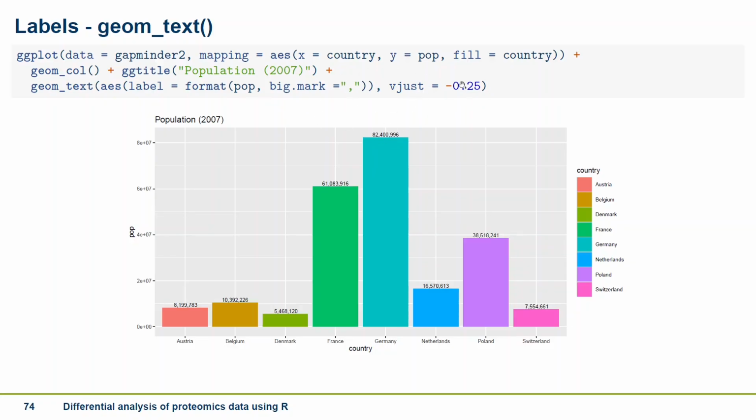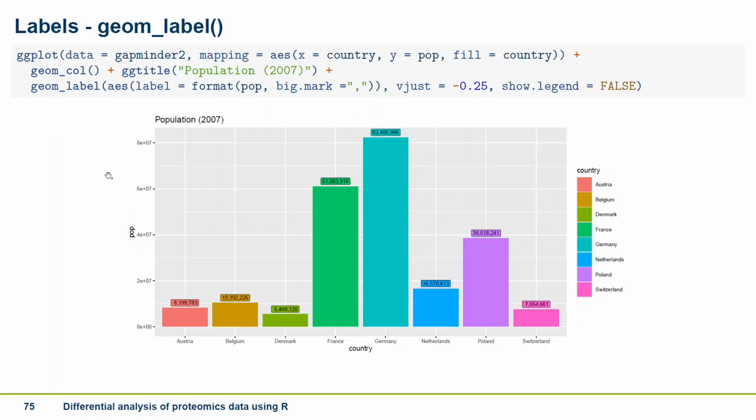And you can adjust the position a bit, and then you can see here that always above the bar the actual number is printed, so you can compare them even more directly. You can also do the same with the geom_label function, which then puts a nice background and a border around these numbers. In this case, you may want to use show.legend false, because otherwise it will also change the appearance of the legend here.